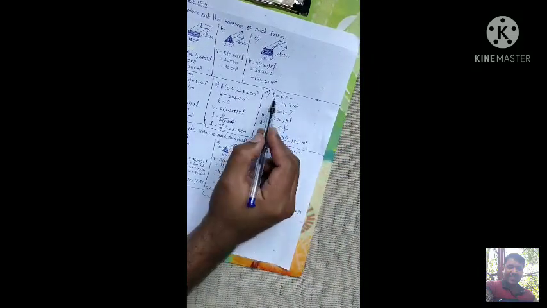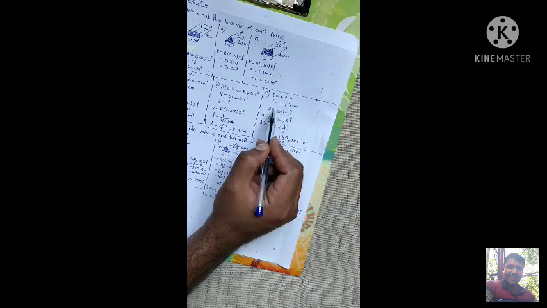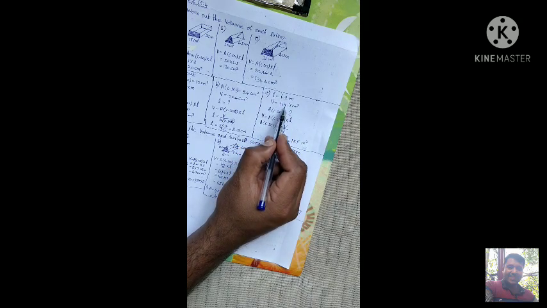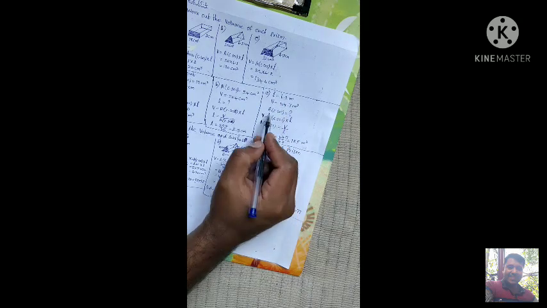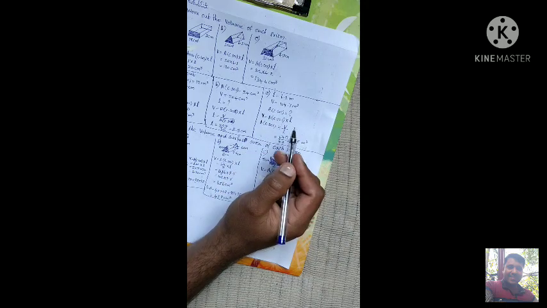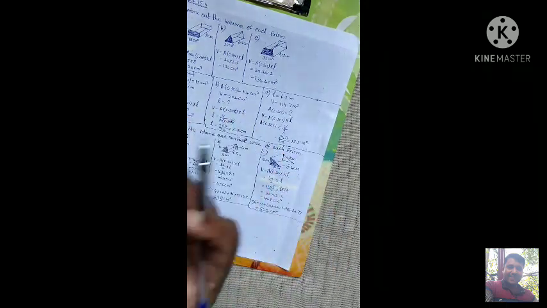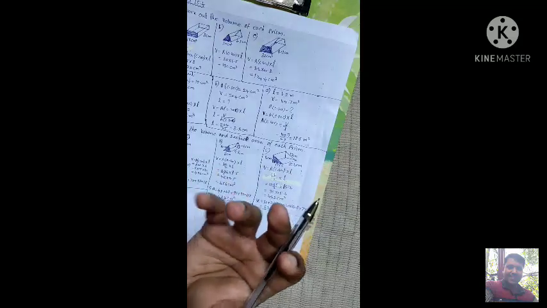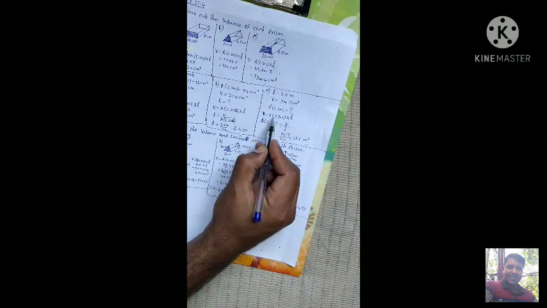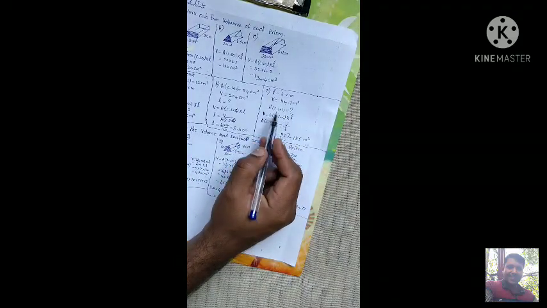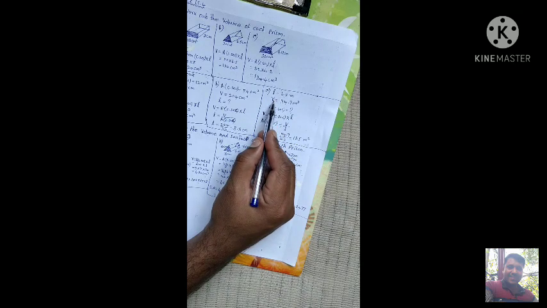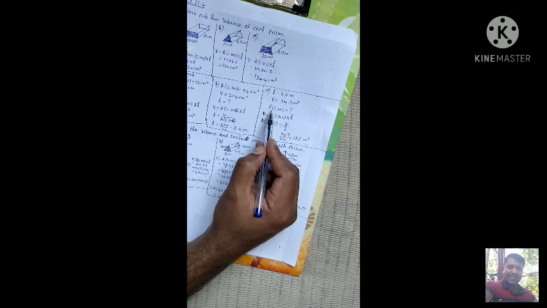2C. Length equals 6.2 meter. Volume equals 114.7 meter cube. Area of cross section equals what? They can change anything here, so we have to find it. The formula is the same: volume equals area of cross section times length. Here length and volume are given, so we are going to find the area.